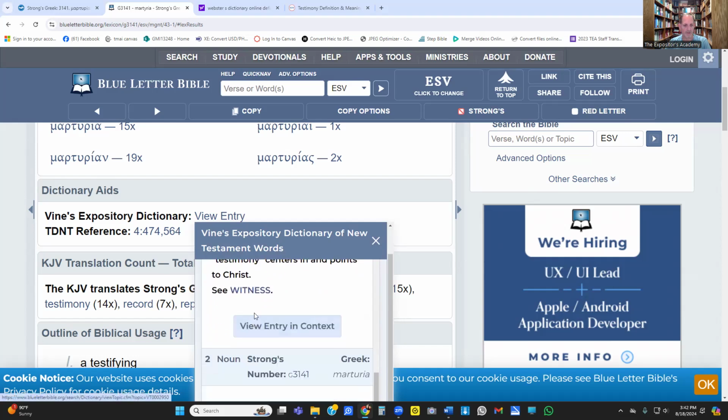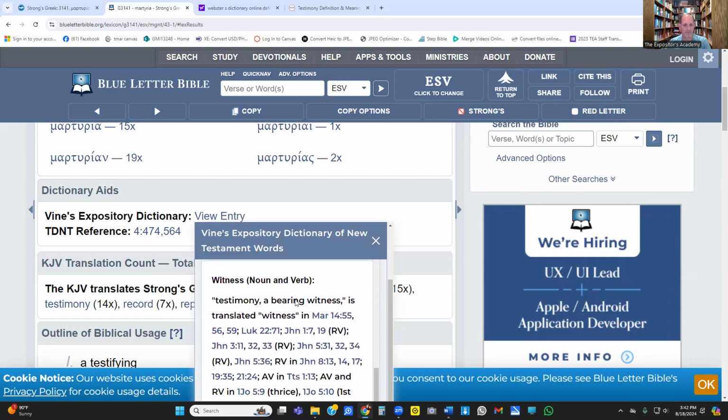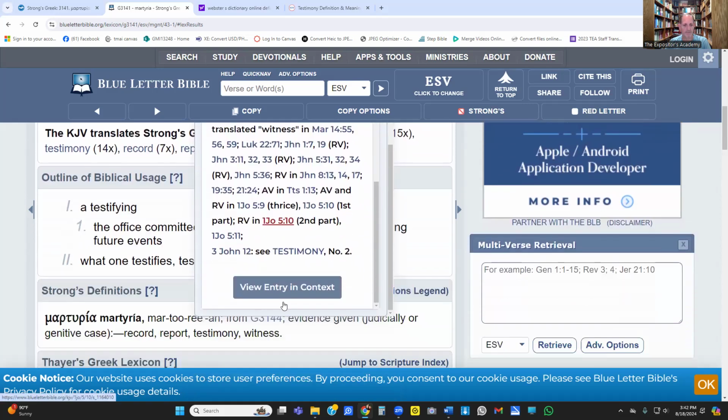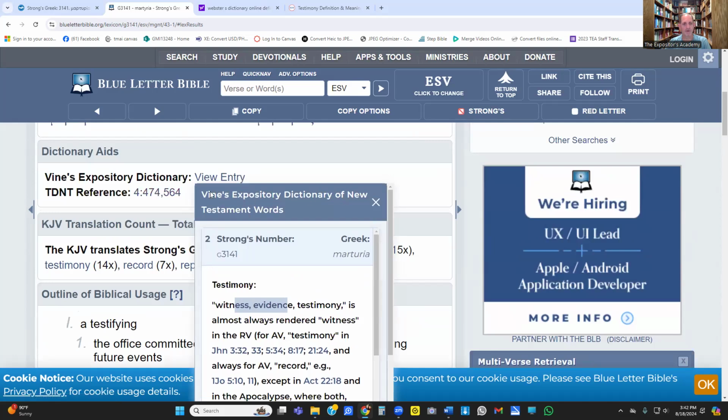So here, and you can even look up witness if you want, but here in the noun, Strong's number, testimony, a bearing witness. Okay, so there's the words, the Vine's dictionary.